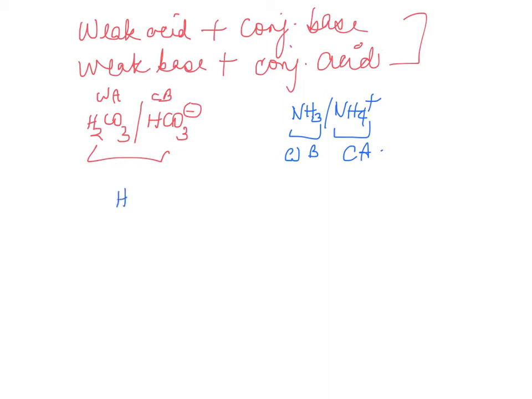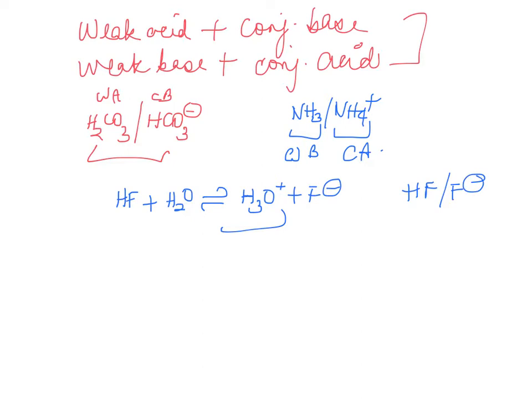Let's say you have HF. When you put HF in water, you're going to get a little bit of hydronium ion, and you're going to get F minus. But it's not 100% dissociation because it's a weak acid, right? So my HF/F minus system doesn't necessarily have a boatload of F minus.